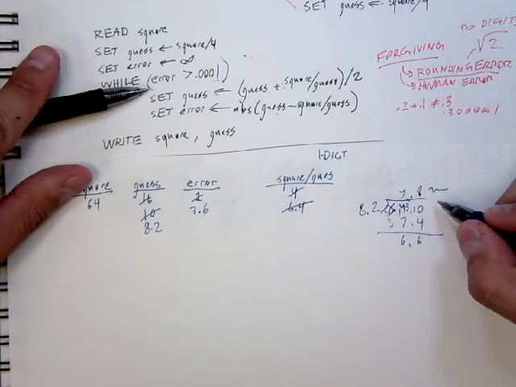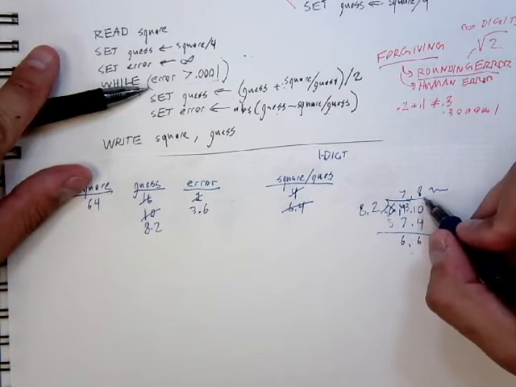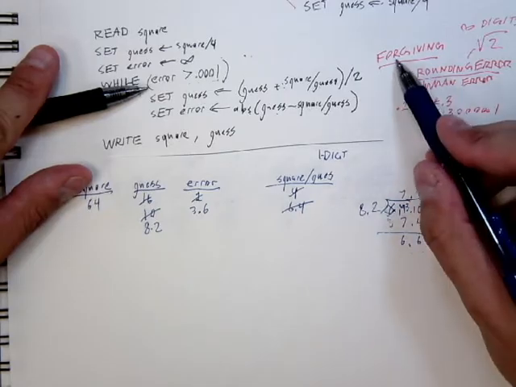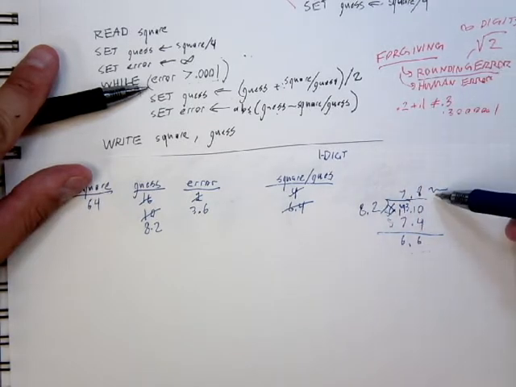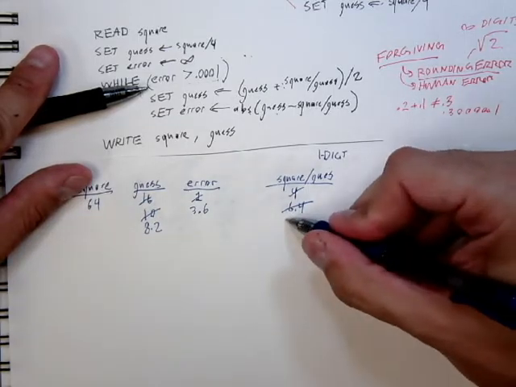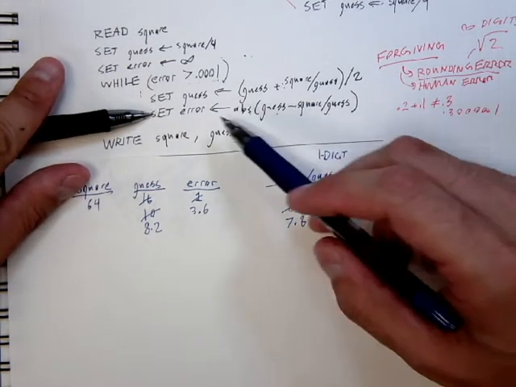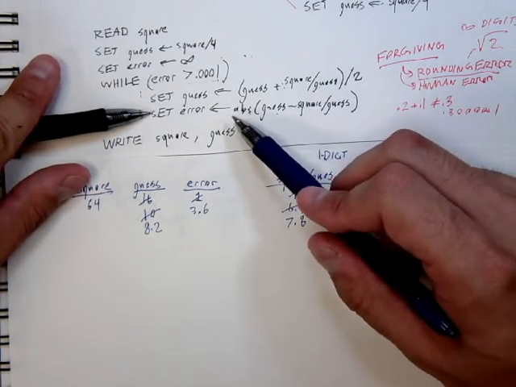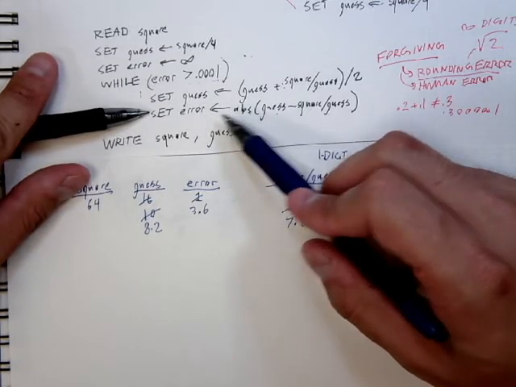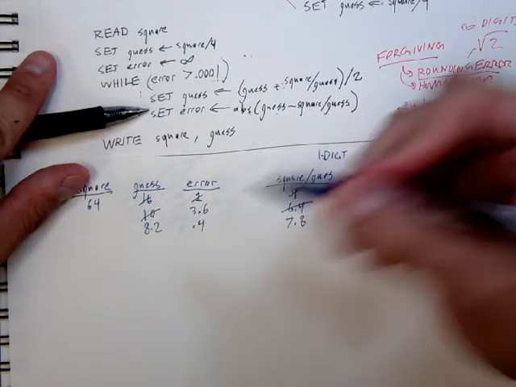There's other digits, I'm sure, but I don't want to keep doing it. I know that it's a 7.8 and change, and the idea is that this is forgiving to rounding errors. This is a rounding error. And I'm just going to say square divided by guess is 7.8 at this point in time. So when I calculate my error, it is going to be the absolute value of the difference between guess and square over guess, which is 0.4.